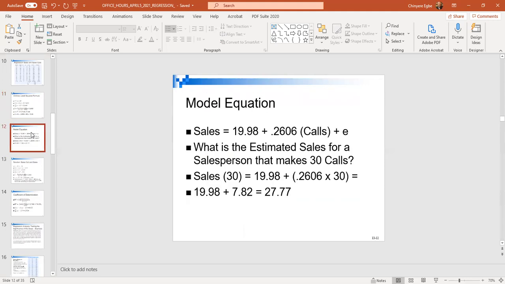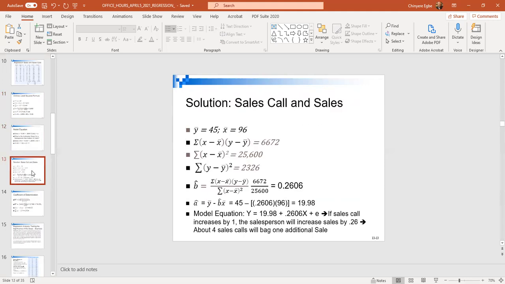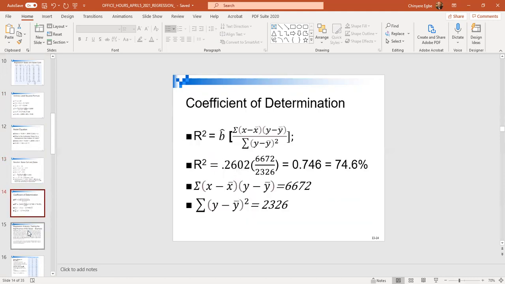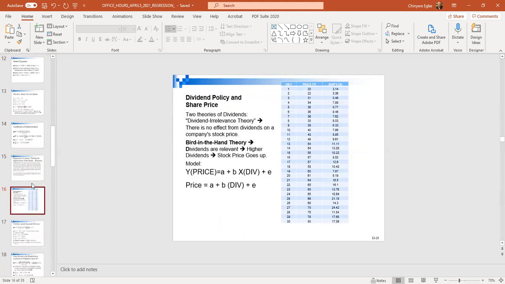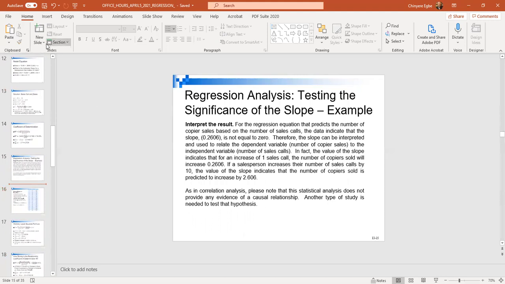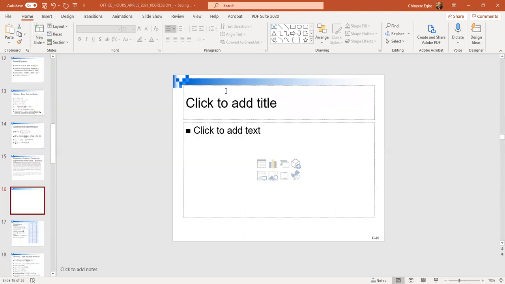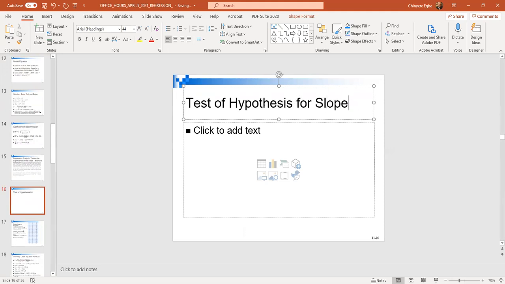We have a model equation, we have an estimate, and now we're testing significance. So we're going to do a test of hypothesis for the slope. We have a null hypothesis: B equals 0.